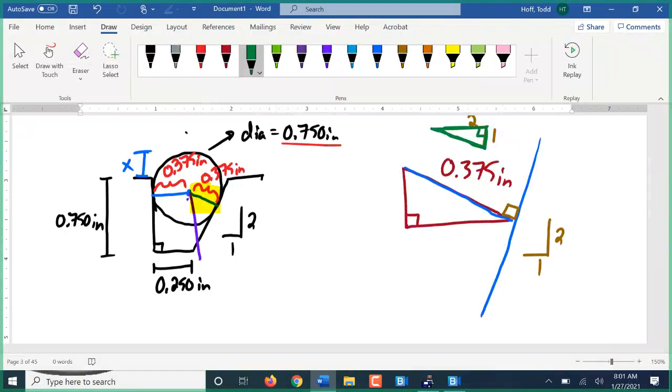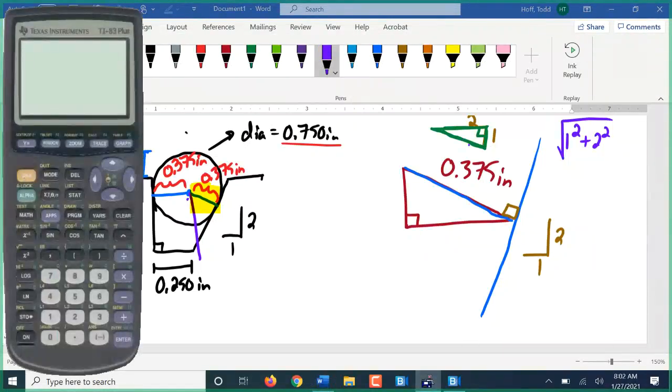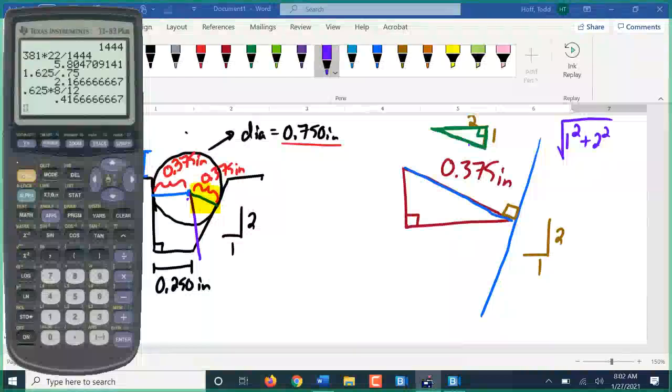How would I find the length of that hypotenuse? We've got 1 squared plus 2 squared. I'm just going to do the square root of that, the square root of a squared plus b squared. So that is the square root of 5, I believe. 2.236.